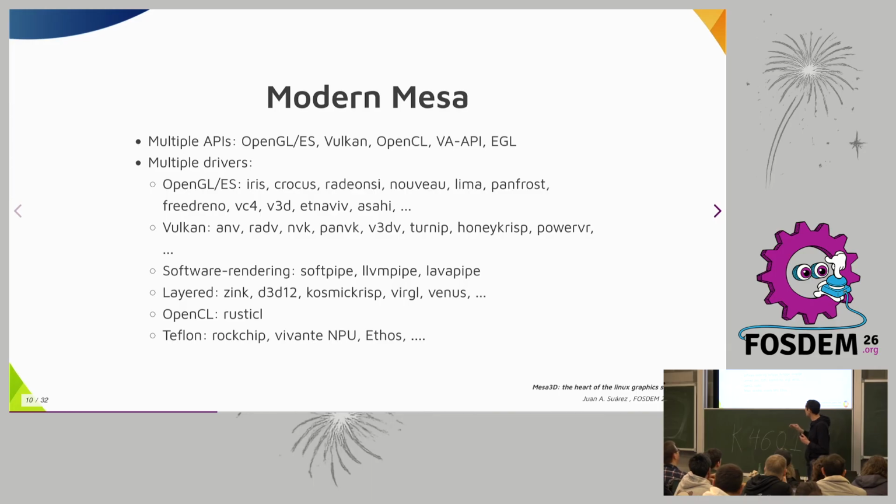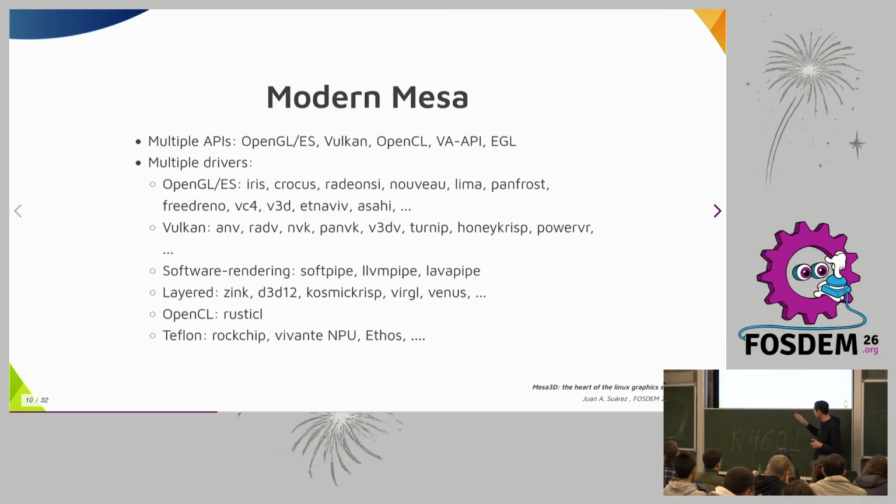The idea here is that if you have your OpenGL driver, which is using Gallium, and you implement the required bits, then you get an OpenCL driver for free. And then something quite new is Teflon, which is basically a TensorFlow Lite delegate that allows you to use TensorFlow to run hardware-accelerated AI applications.